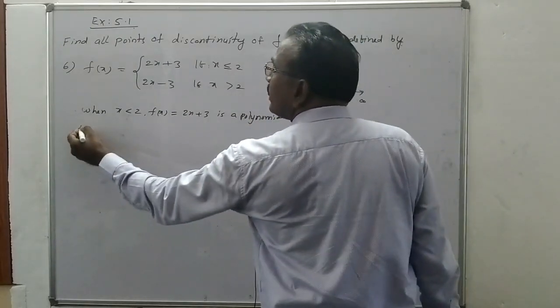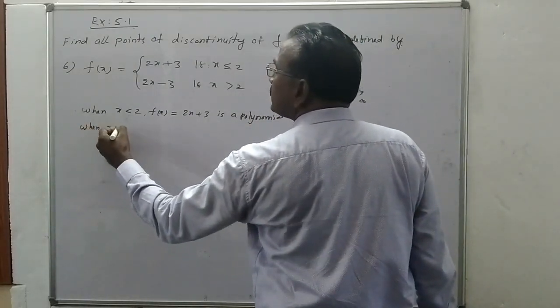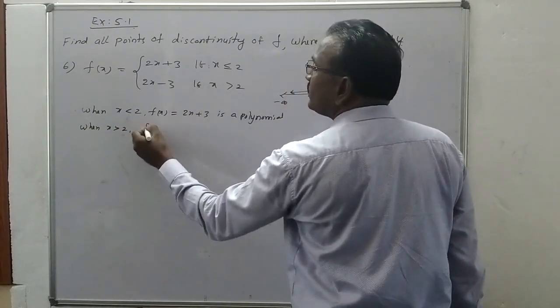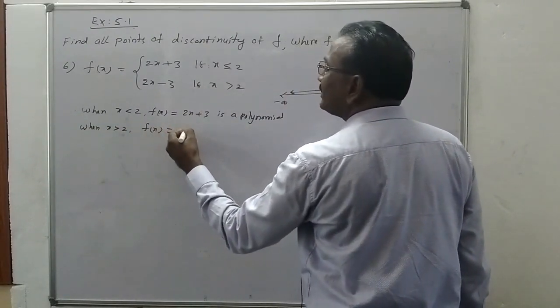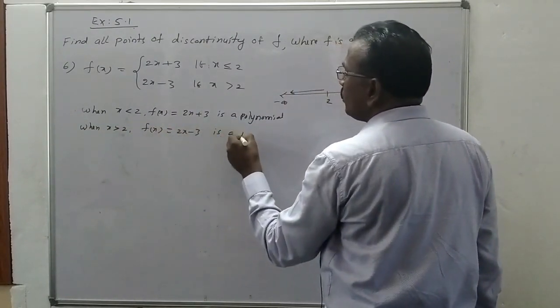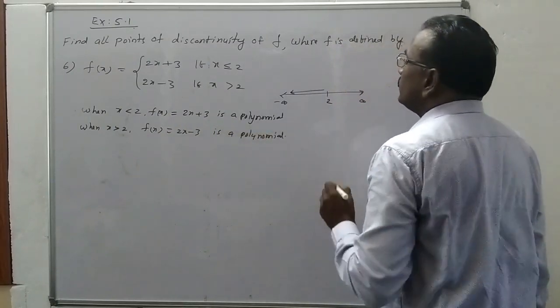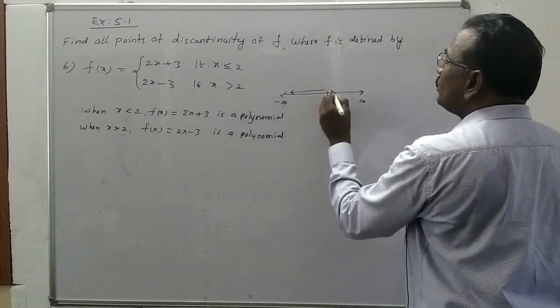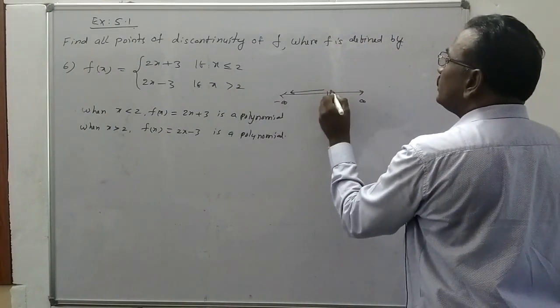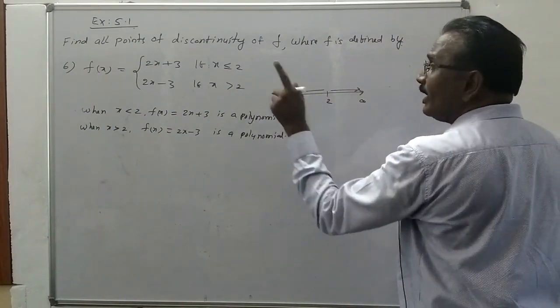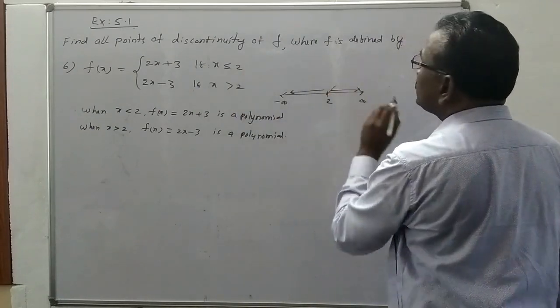When x is greater than 2, f of x is 2x minus 3, a polynomial. So for x less than 2, x greater than 2 and x equal to 2, the function is defined.